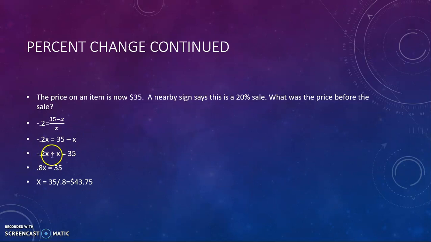And now this is a tricky thing. Gathering like terms means if you have two things with the same variable with an addition or subtraction between them, and the powers are all the same, you take the numbers in front and you add or subtract them. Now, this x doesn't have a number in front.